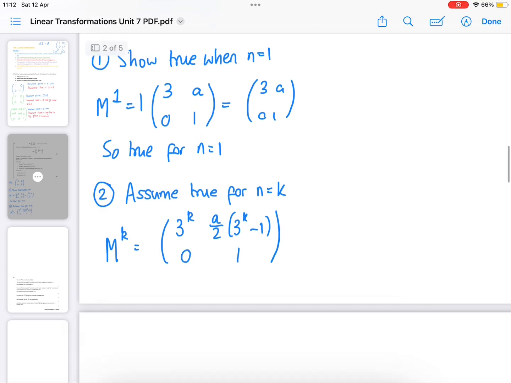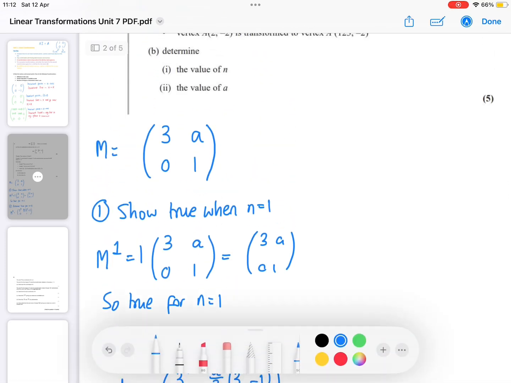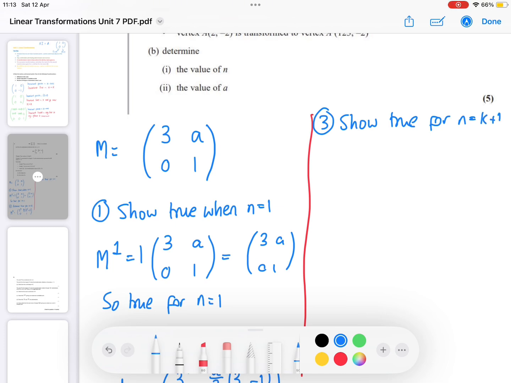And then probably the hardest bit is showing it's true for n equals k plus 1.